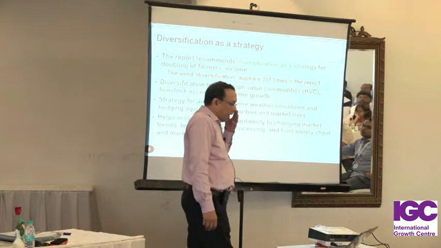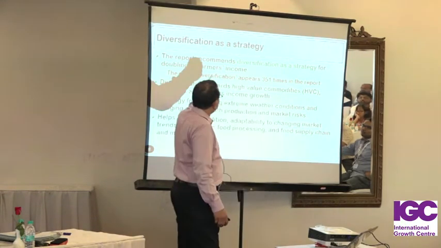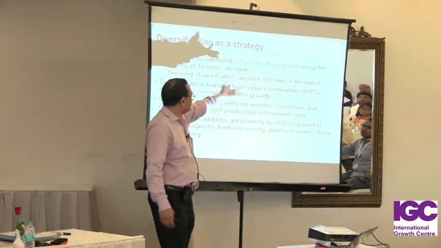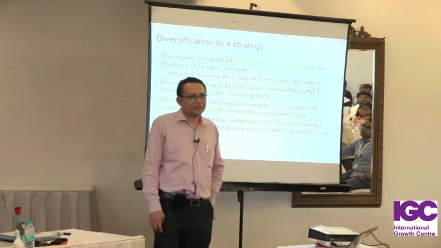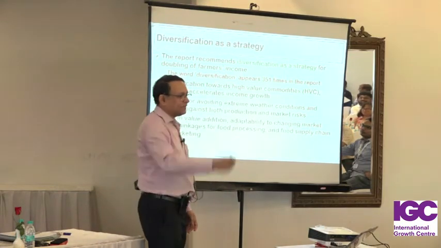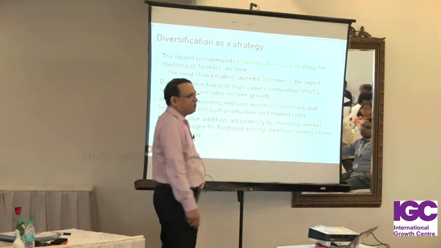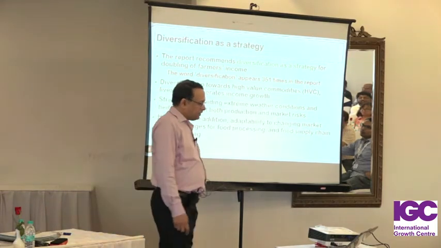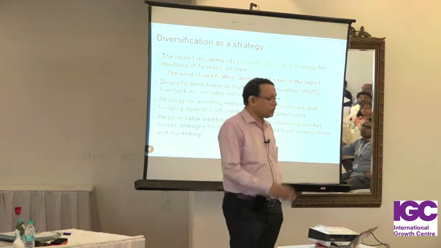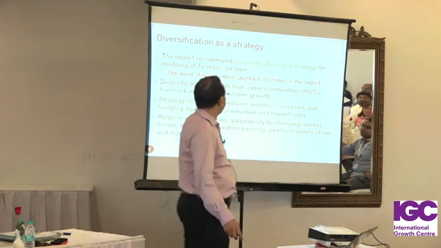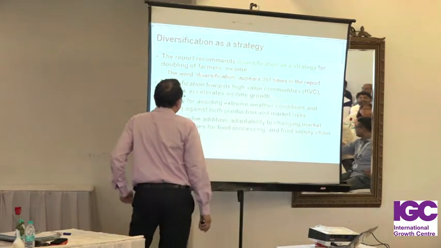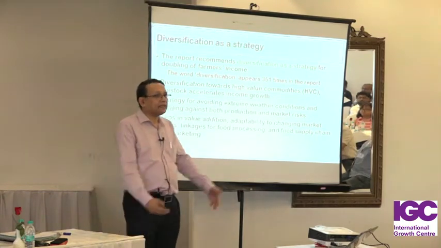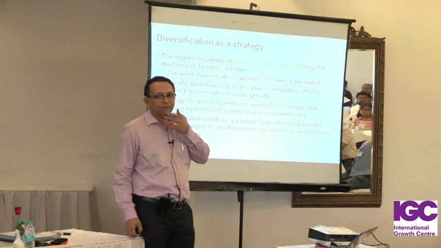Okay, and the word diversification, a simple word count, my student did this and he said 351 times it has appeared in this report, just that word. So that is so important. Okay, and diversification towards what? Towards high value commodities, which include livestock, so that it can accelerate the growth in income.